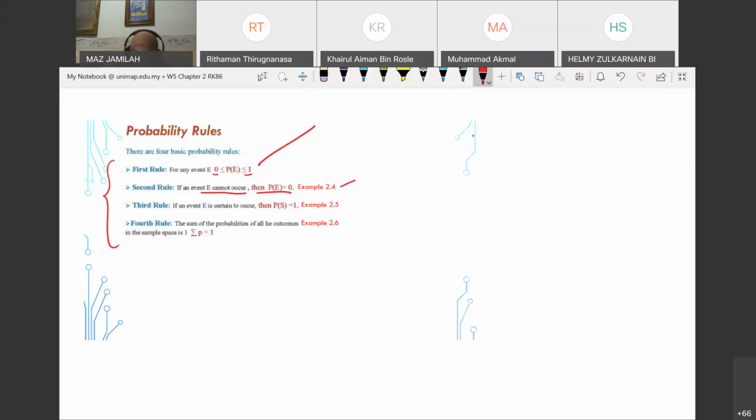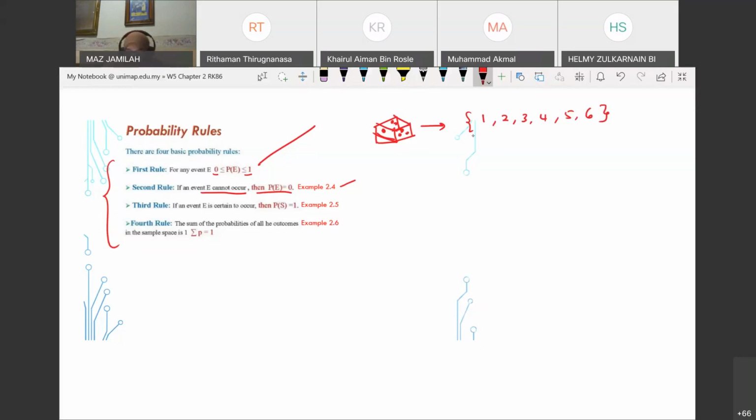If a single die is rolled, the sample space is either you get 1, 2, 3, 4, 5, or 6 dots.